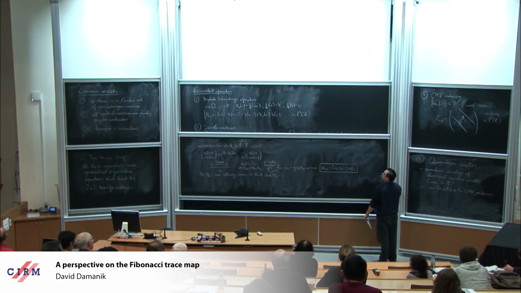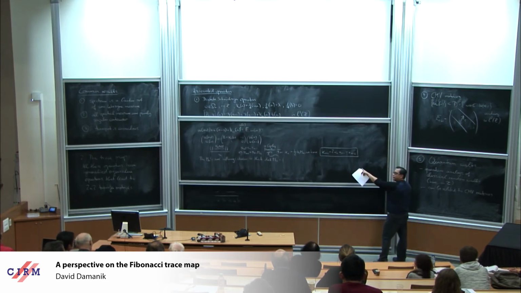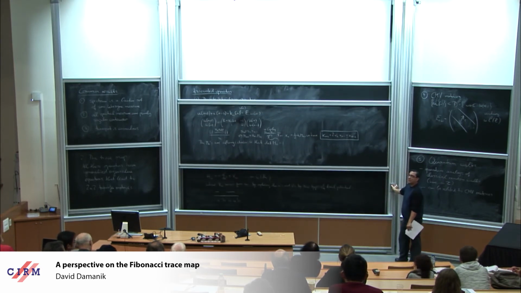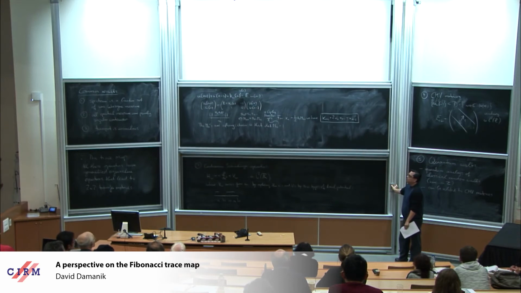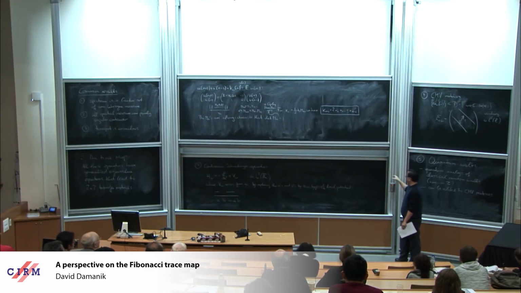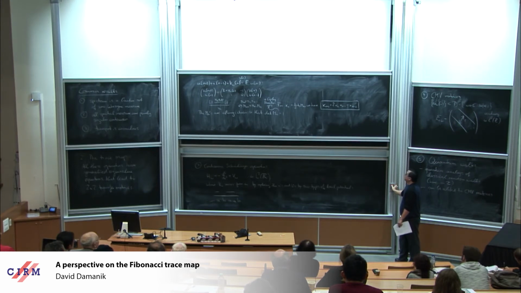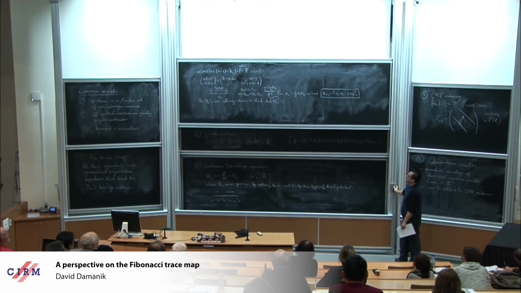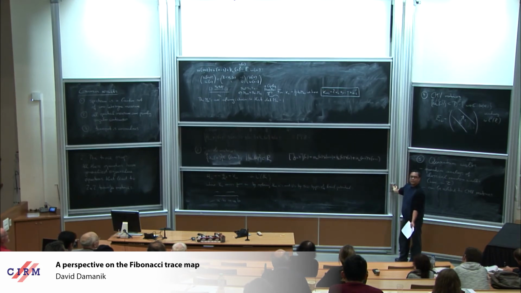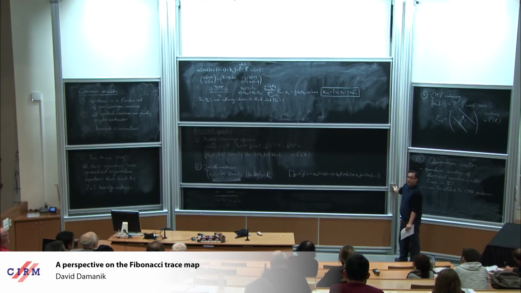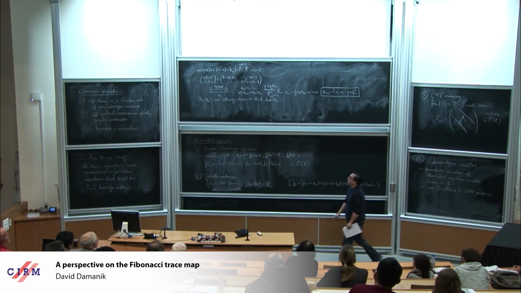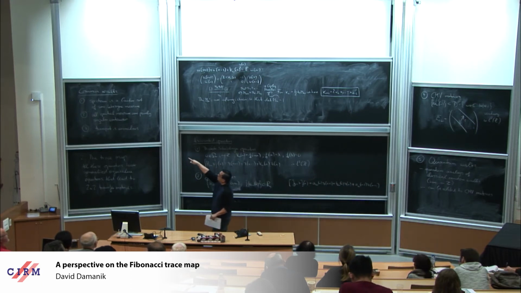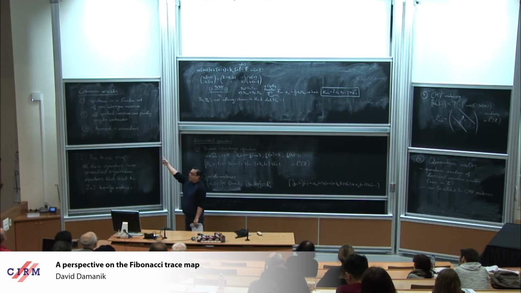But that's not how we want to view it. But this is how the Fibonacci trace map was viewed until 2007, when Anton Gorodetsky started to work with me on this. So up to 2007, the trace map was just a recursion for the traces, which is fine. You can get a lot of mileage out of that. And as you see, all these results were proved by 2007.